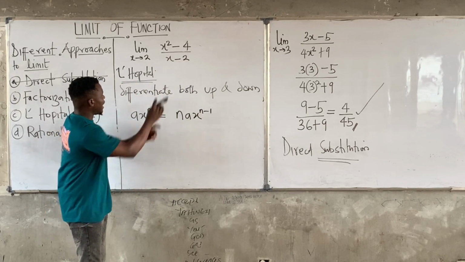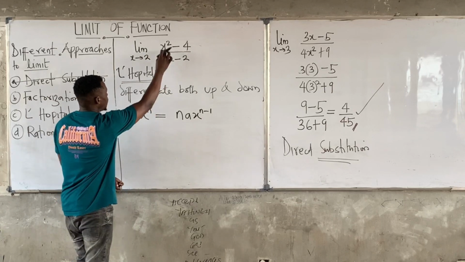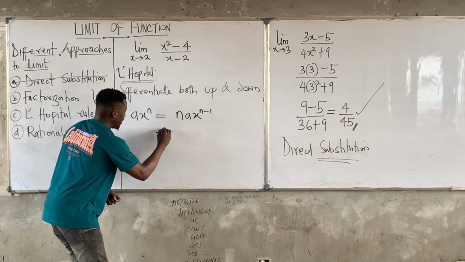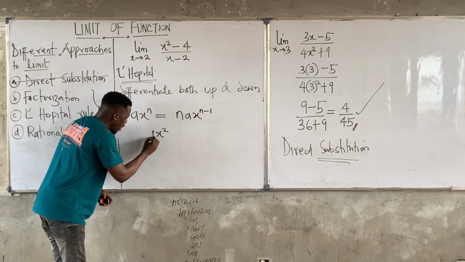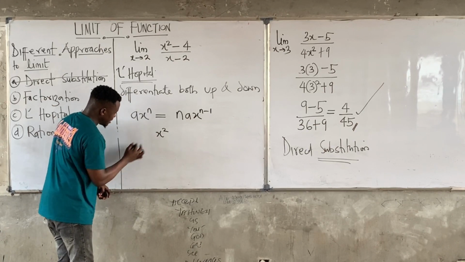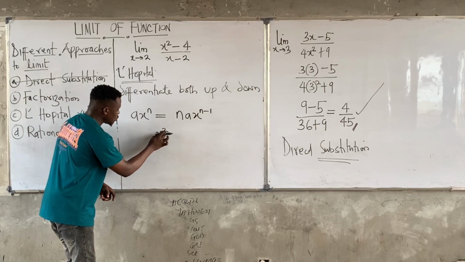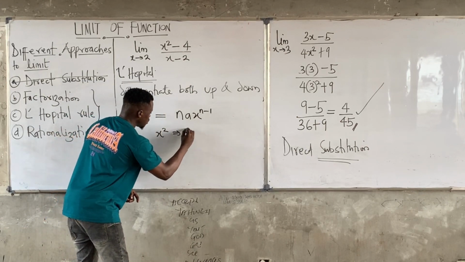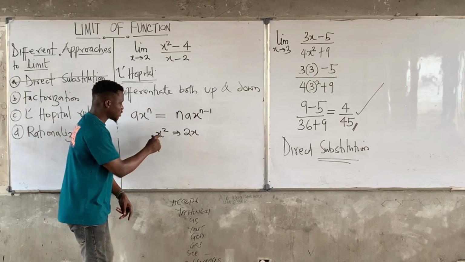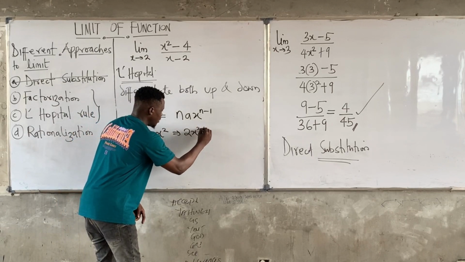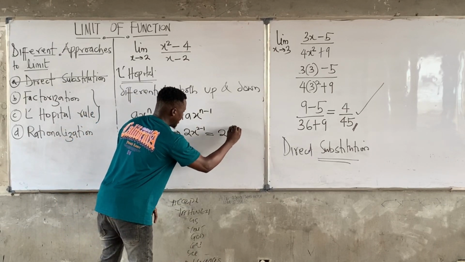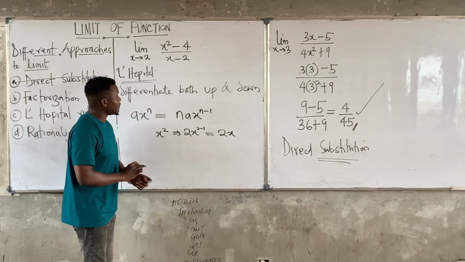Alright? So we're going to apply that principle here. For this x squared, there is an invisible 1 here that is not written. That invisible 1 is this a. So this x squared gives 2 times 1, which is 2x. Subtract 1 from this power, 2 minus 1, so this becomes 2x to the power 1, but I'm not going to write the 1.